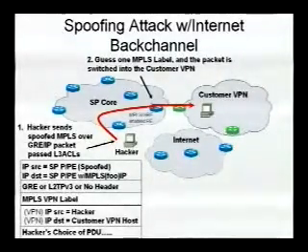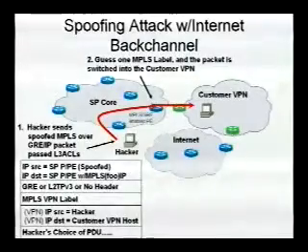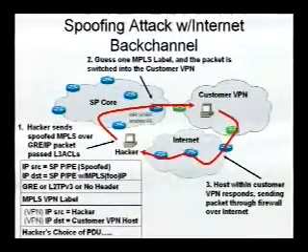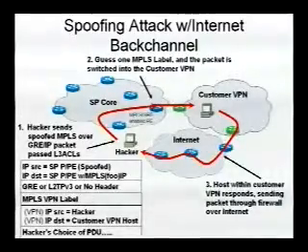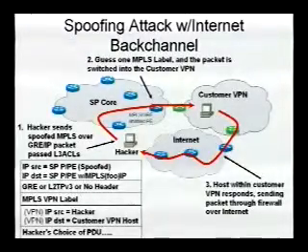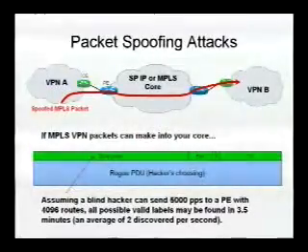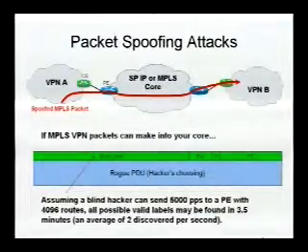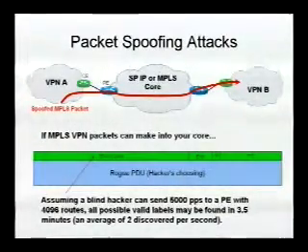So that one packet into the customer VPN, if it hits a host that requires a response, the response is actually going to go out over the internet, because the response goes to the hacker's public IP address. So now I've got full two-way communication here, and I can just start picking away at the customer VPN all day long. So how hard is it to choose that MPLS label?